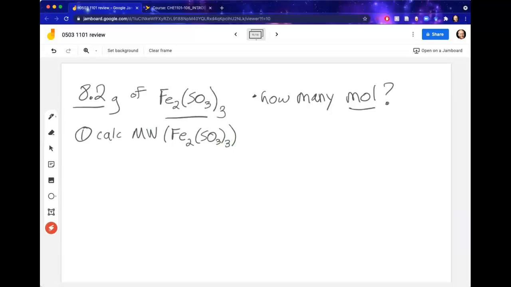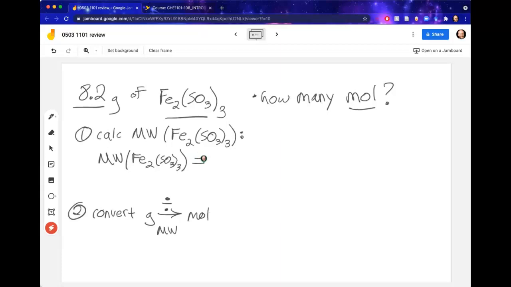Once we have the molecular weight, then we can convert grams to moles using the molecular weight, and in this case we'll need to divide. So up top, to calculate the molecular weight of iron 3 sulfite, we're going to need to add together a bunch of different things.